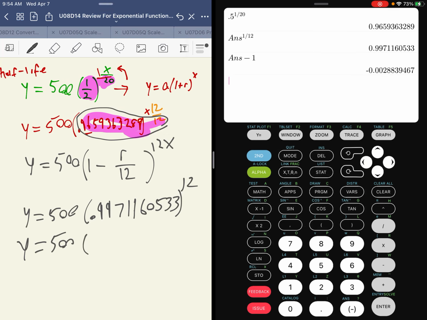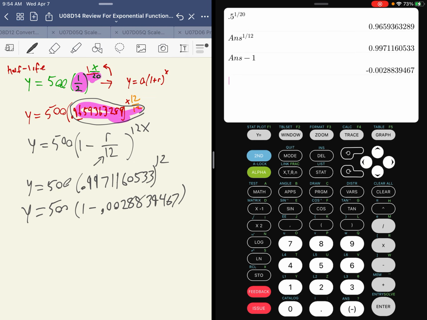to see that this is 1 minus 0.0028839467. So I'm trying to rewrite it in this form. So I just separated this into 1 minus the number that would generate that value.